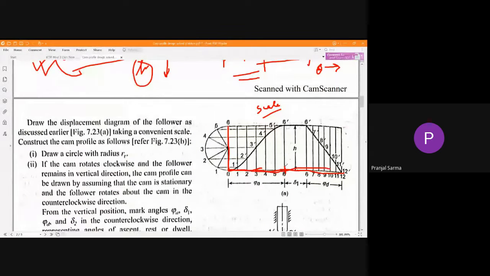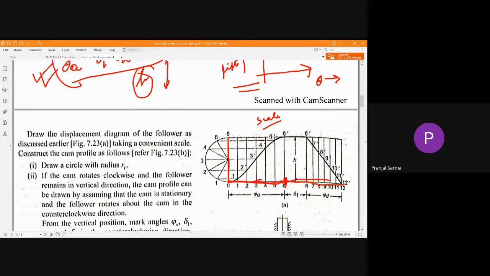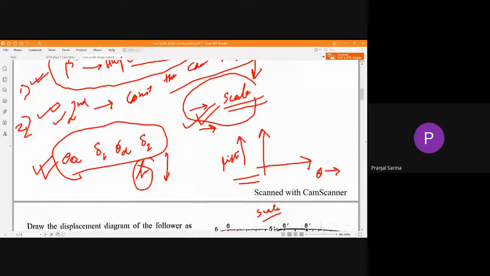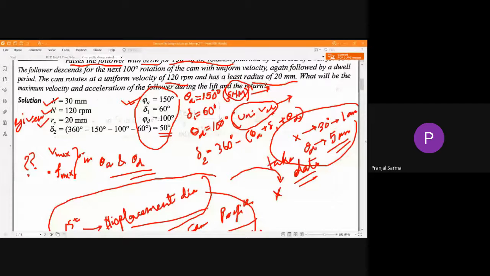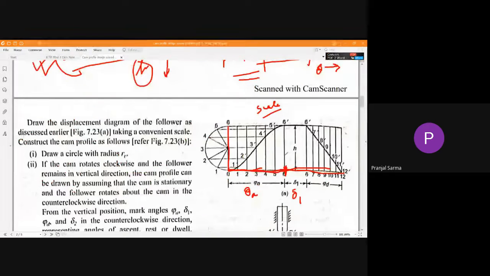After the stroke, next is delta 1, that is the first dwell, which is given as 60-degree. 30-degree is 1 centimeter, so 60-degree will be 2 centimeter. At 2 centimeter from here you'll mark here.